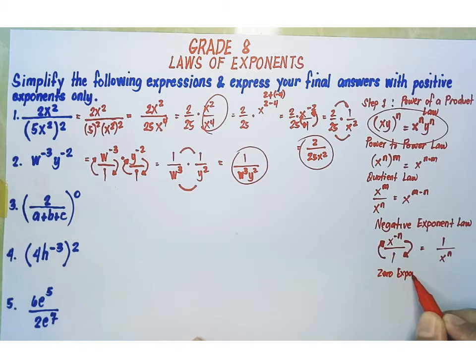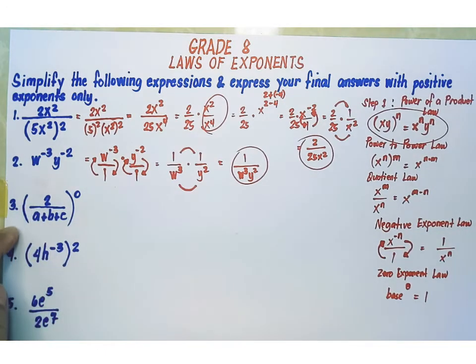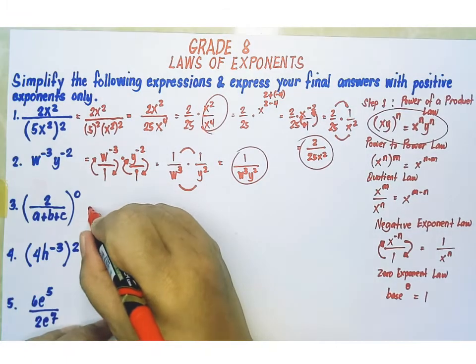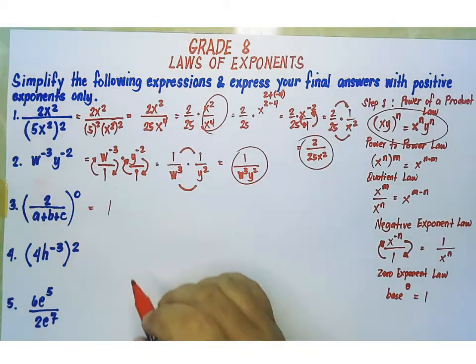Your zero exponent law states that any base raised to 0 is always equal to 1. So whatever your base is, whether it's a single number, whether it's a product being grouped together, quotient being grouped together like this one, that is equal to 1. So actually, this is a one-step problem. 1 agad ang answer.